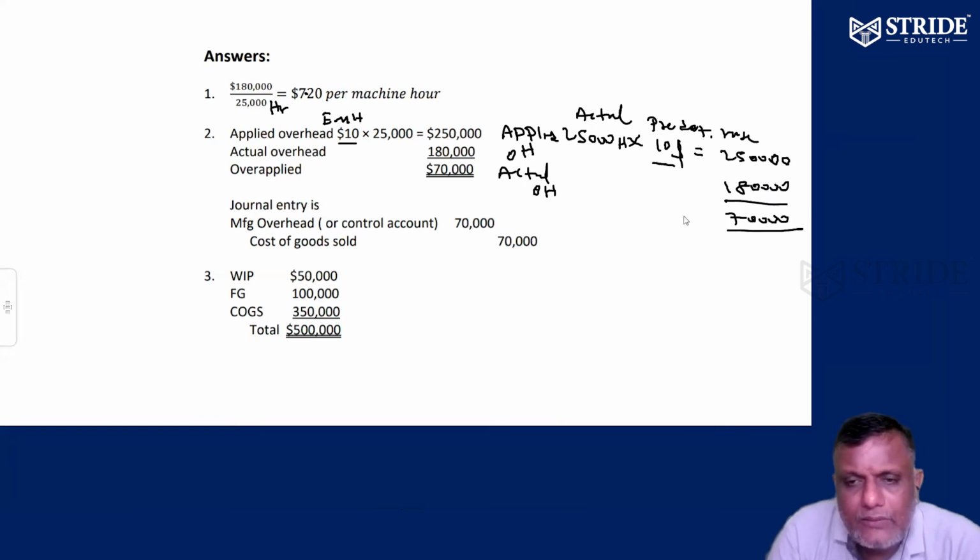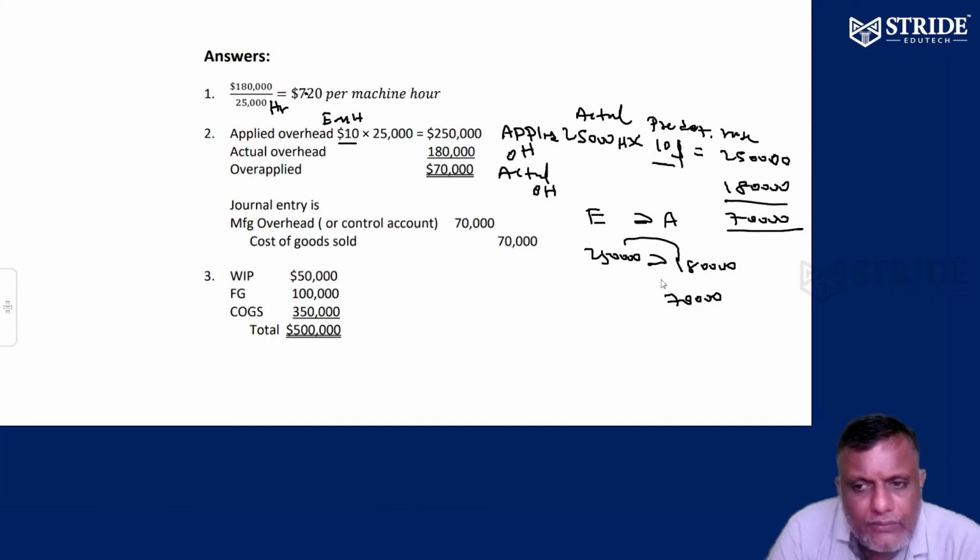Now tell me, here the estimation is more than the actual. What is the estimated overhead? $250,000. What is the actual overhead? $180,000. What is the difference? $70,000.